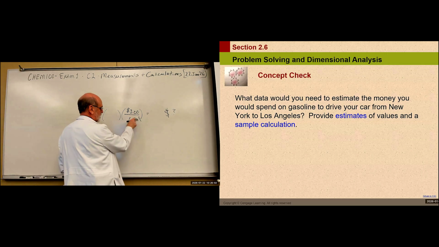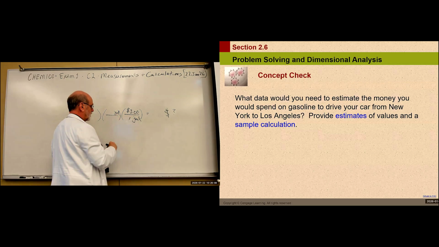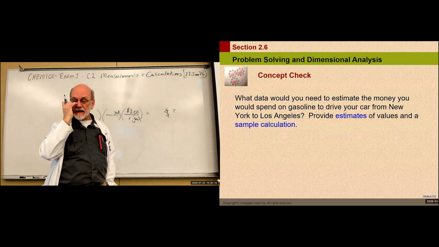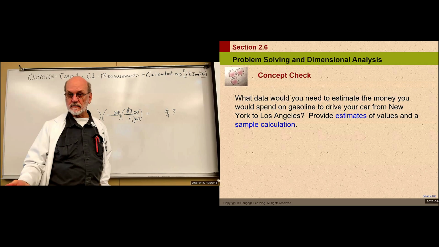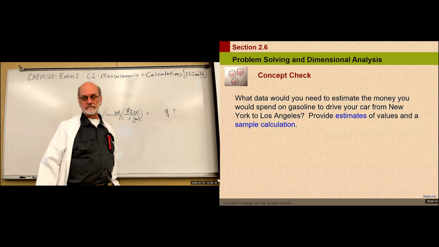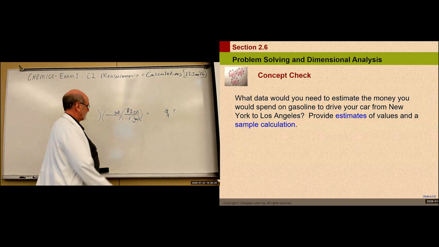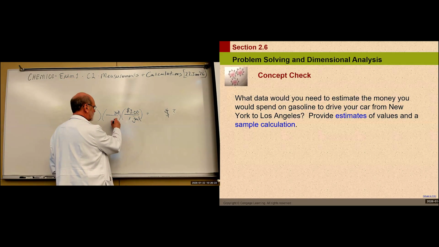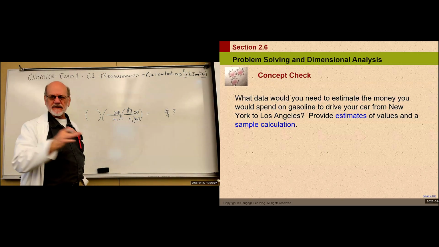That means something over here has to cancel gallons. These have to be canceled. What do we know about our vehicle that is useful in terms of gallons? Mileage. What kind of mileage does your vehicle get? How many miles per gallon? Let's keep it simple.